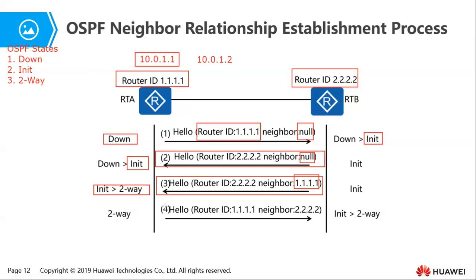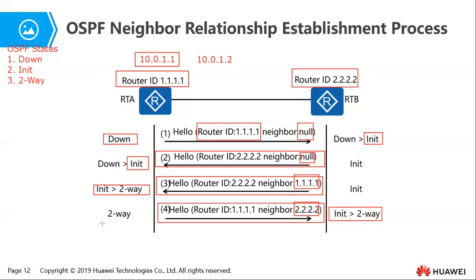At almost the same time, RTA will also send another hello packet to RTB with RTB's router ID on its neighbor list. And when RTB receives that, then it's going to transit from the init state to the two-way state.